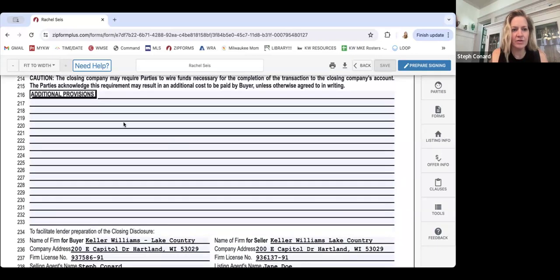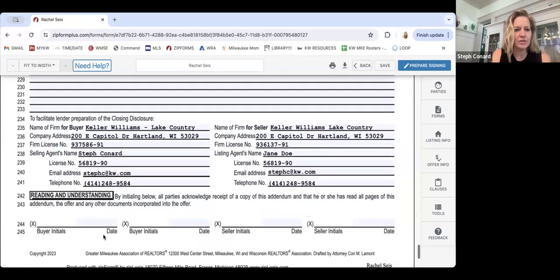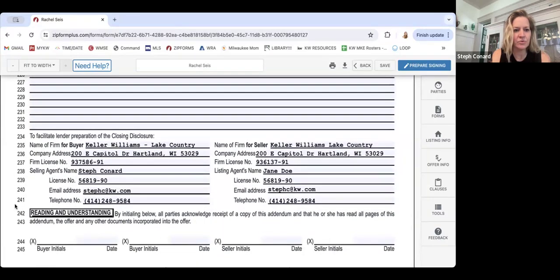Then there's another spot for additional provisions. Anything that might pertain to the offer, you can use the space for. Then at the bottom, you're going to put on lines 235 through 241 the name of the firm for the buyer and name of the firm for the seller.